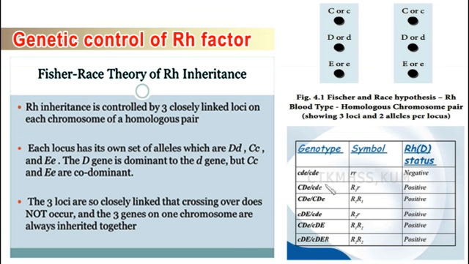In the remaining conditions, either one will be capital D or both are capital D. If this condition prevails, the person will be RH positive. So if at least one capital D is there, the person will be RH positive. When both are recessive, that is double recessive, it is negative. So this is according to Fisher and Race's theory.